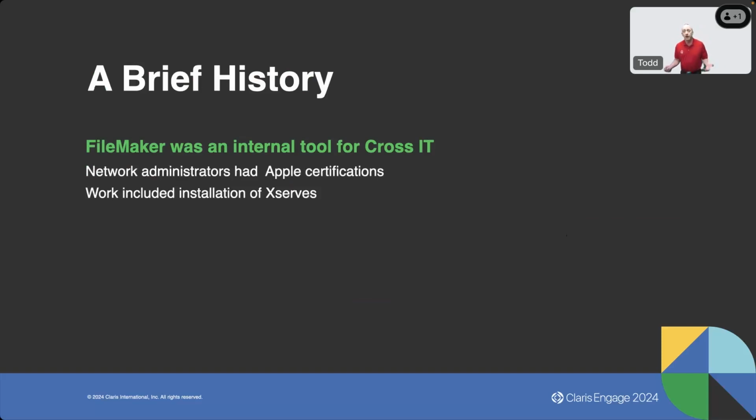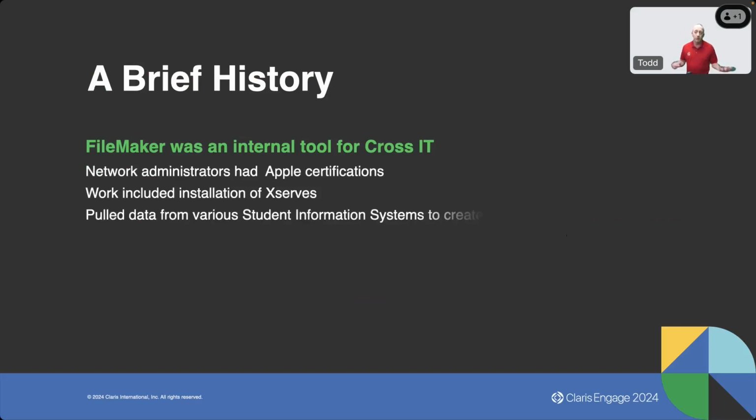All right, so in addition to just installing the hardware, part of that was to pull data from the various student information systems they would encounter as they went into these schools, so that they can then create the import file that can be used in Open Directory to create all the necessary accounts. Of course, there's some special things with Open Directory, where it needed to be a colon-separated format file. Also, with different information systems, you're getting data in different formats.